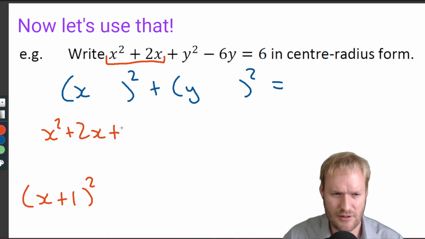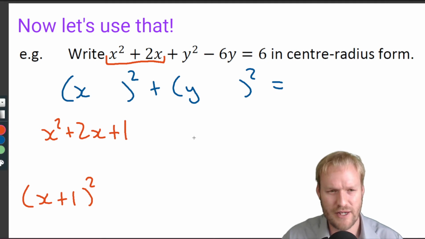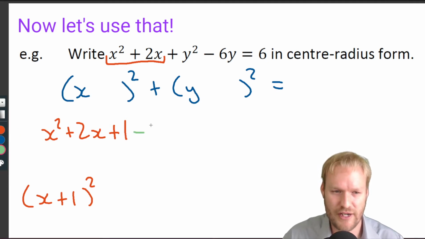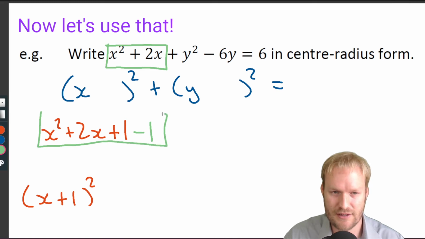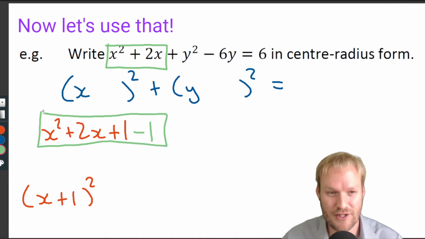It equals this. But wait a second, we didn't have x squared plus 2x plus 1. We just had x squared plus 2x. So I'm going to have to subtract 1 to compensate. So now this whole bit here, this x squared plus 2x is the same as this here, right? Because x squared plus 2x plus 1 minus 1 is just x squared plus 2x.